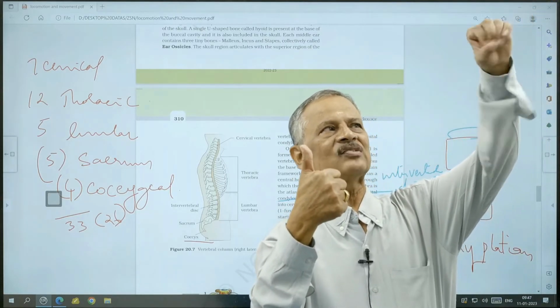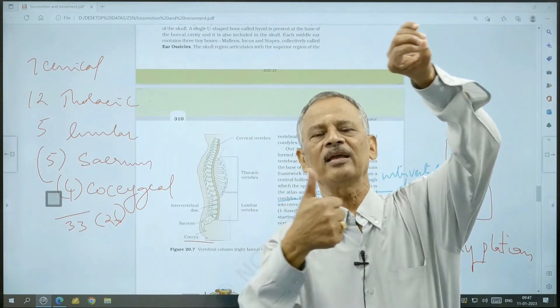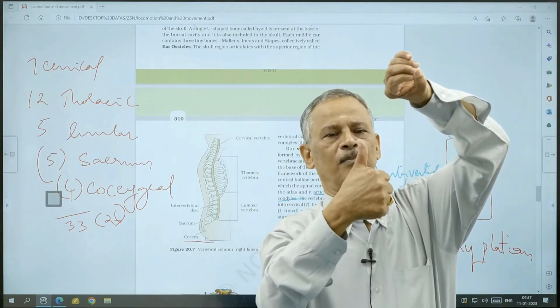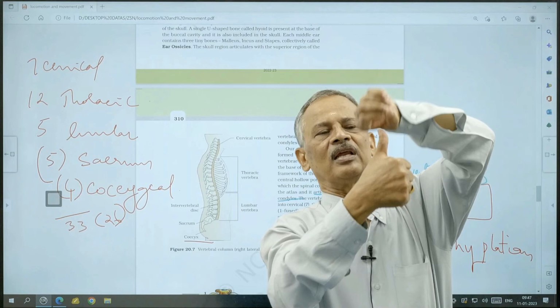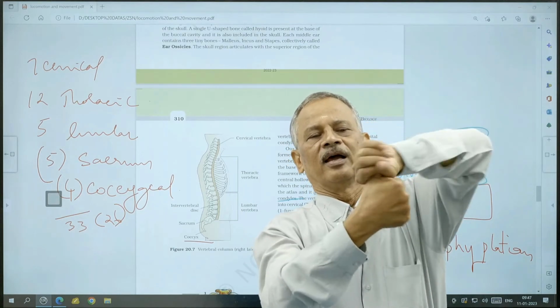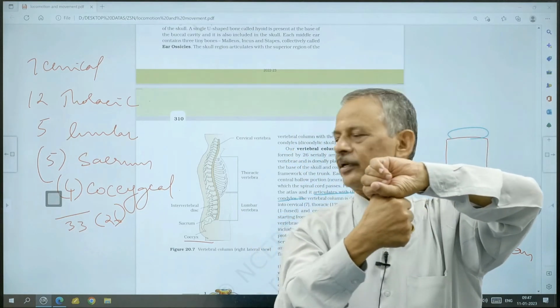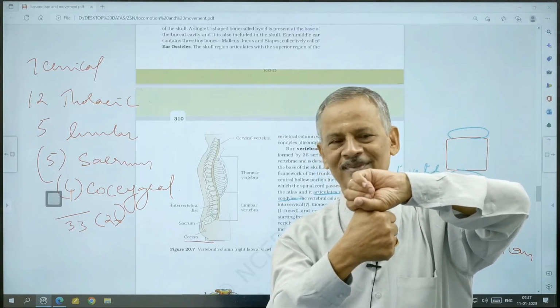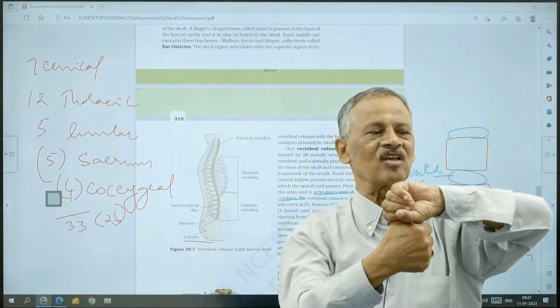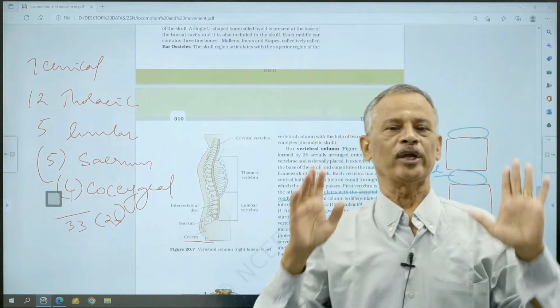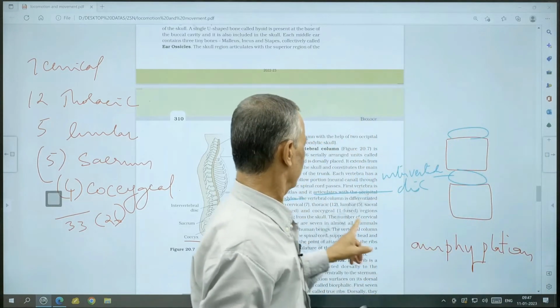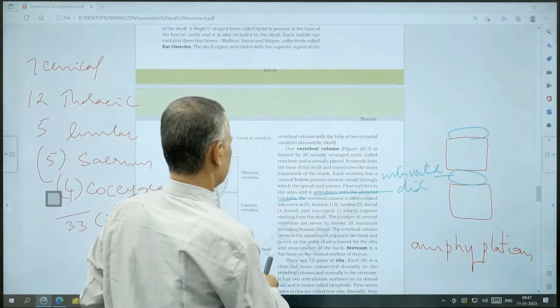The atlas and axis. Atlas is ring-like and axis is having a stump, fitting like this so that we can rotate our head to the sides. It is a typical example for pivot joint. Pivot joint. Okay.